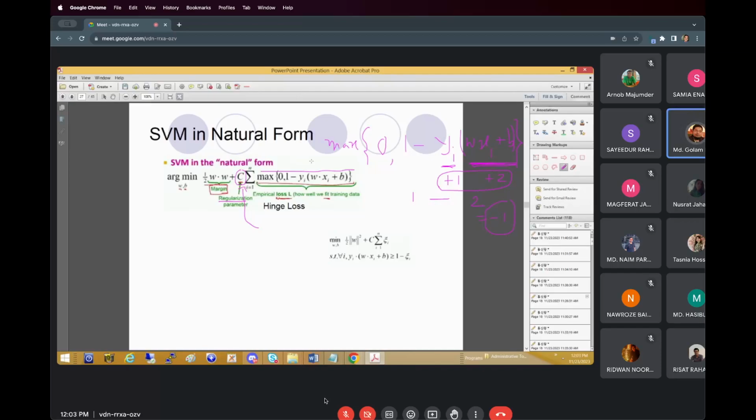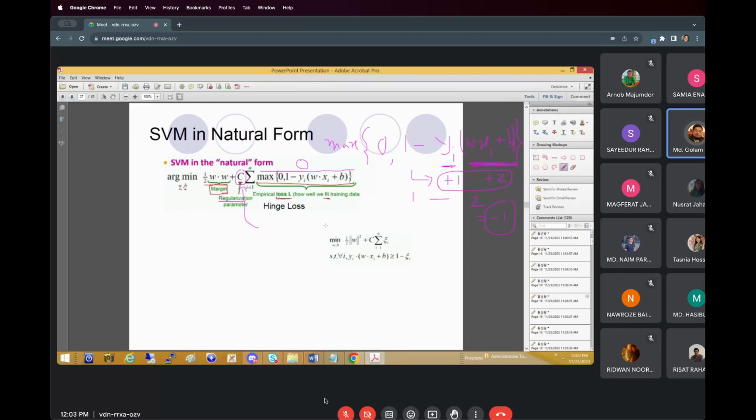Then this part returns 0, and 0 times C is 0. It means it is correctly classified, because the original class label is positive and our model also says positive. For the correct classification, it will not add any penalty.